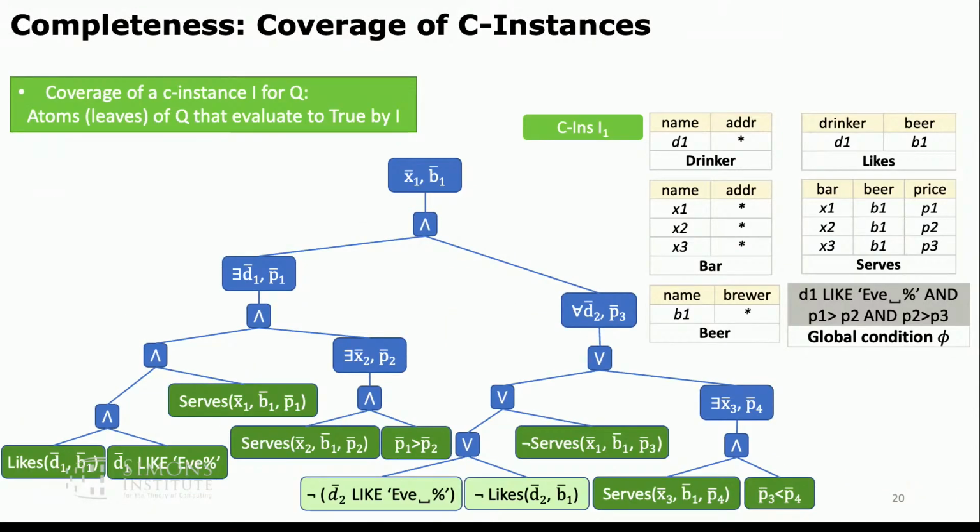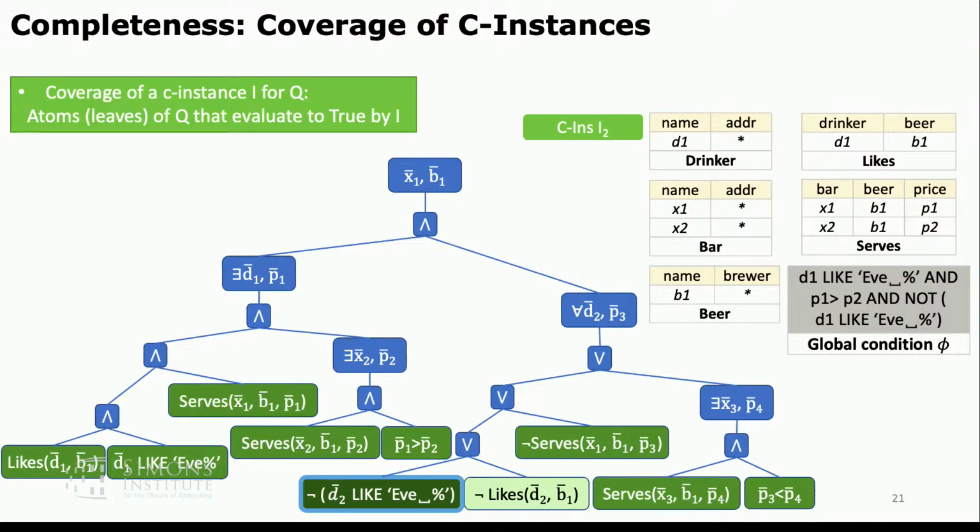So this is the notion that we are checking whether a conditional instance would cover all these ground atoms of our query tree. This conditional instance covers many of these except two. So this is one of our solutions, and then if we add another one, then some of the remaining ones are also covered. So we want a set of conditional instances that would cover all our leaves.